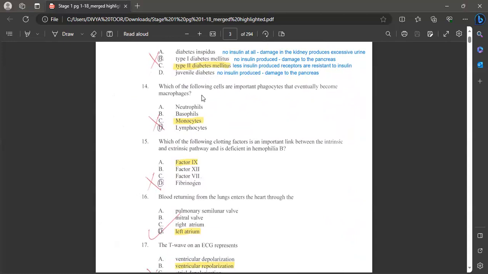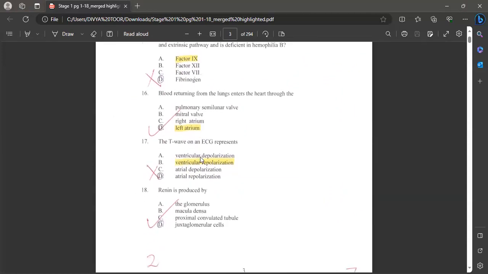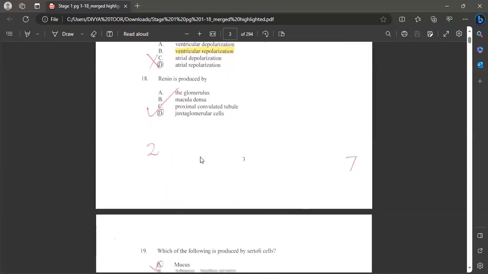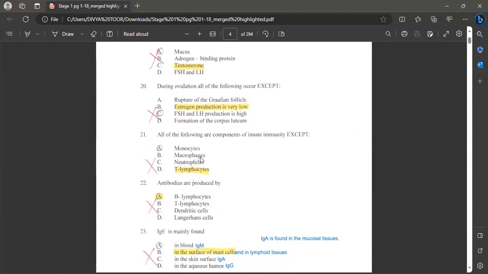From what you have highlighted, monocytes. Which of the following clotting factors are... no, I have not done that. All the following are components of innate immunity except: monocytes, macrophages, neutrophils, T lymphocytes.